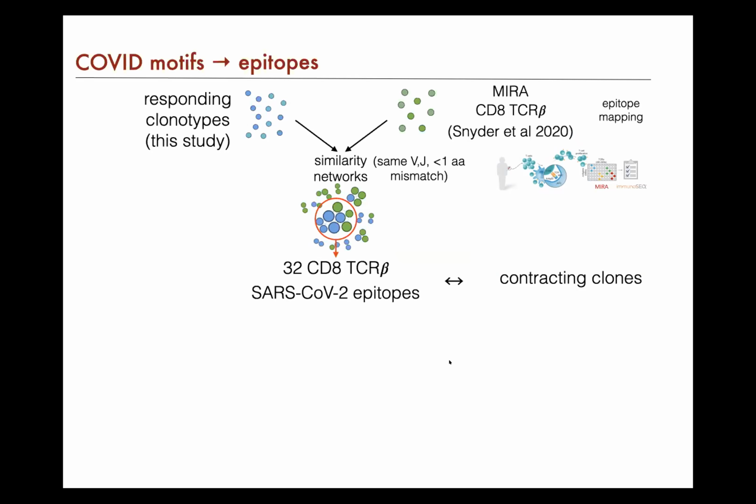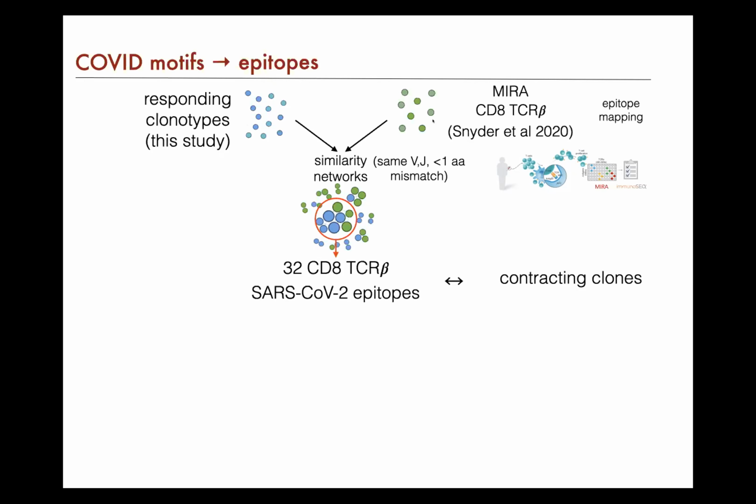Basically, they took COVID specific antigens, so this is from Adaptive, and tested them in a well plate against blood samples taken from people, and by doing combinatoric mapping, they were able to map specific epitopes to specific CD8 TCR beta sequences.